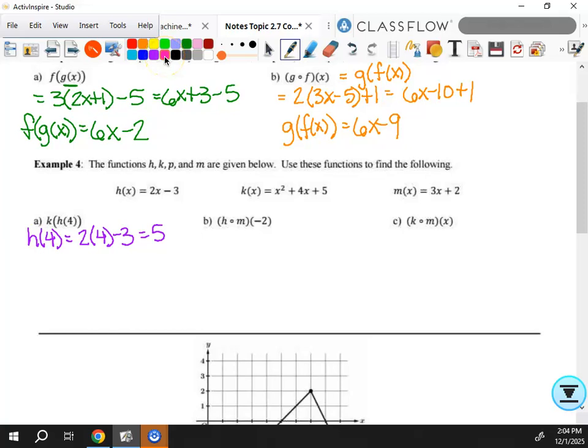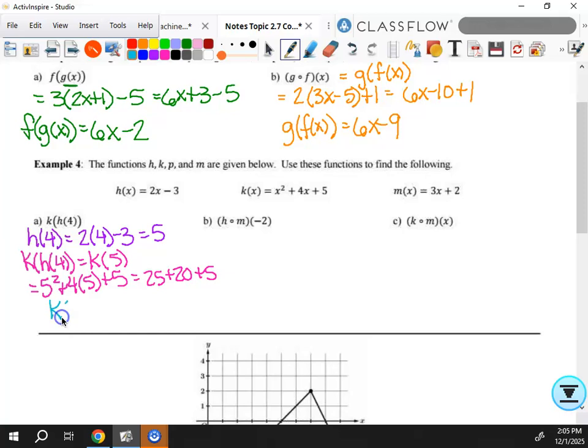Then I want k of h of 4, which is k of 5. So that'll give me 5 squared plus 4 times 5 plus 5. That's 25 plus 20 plus 5.